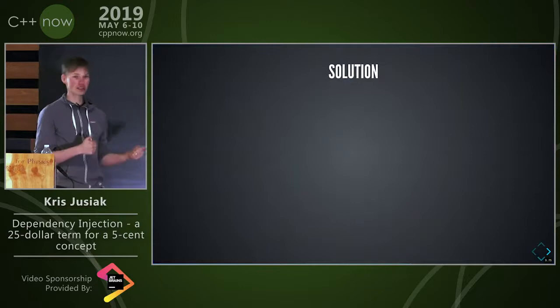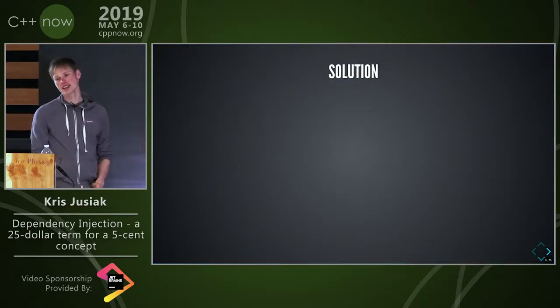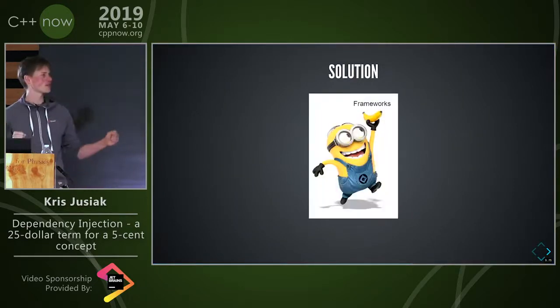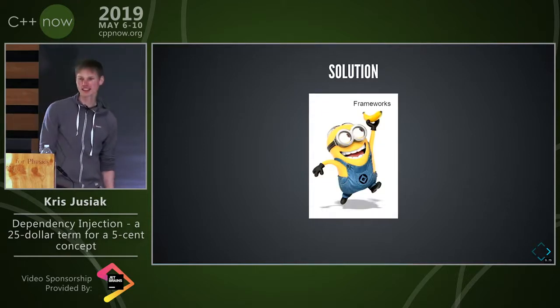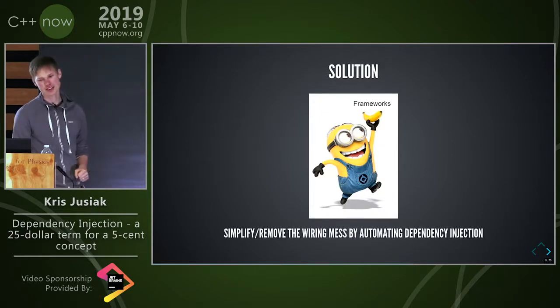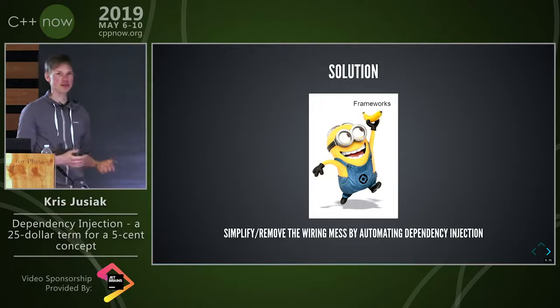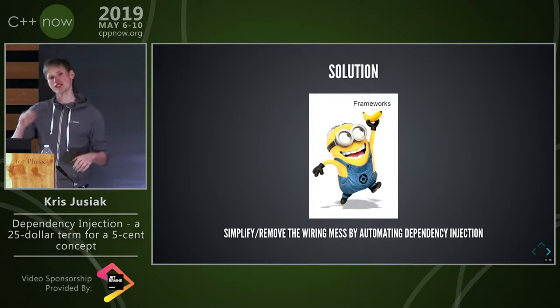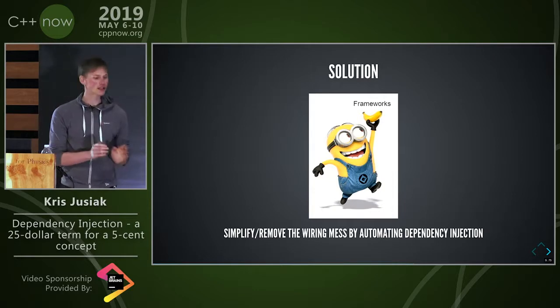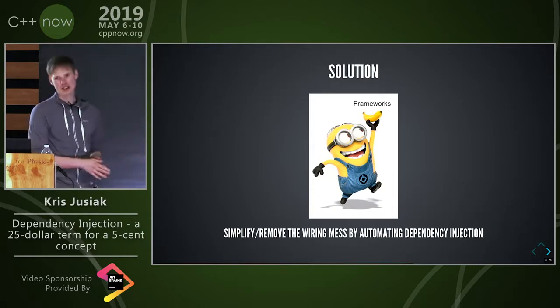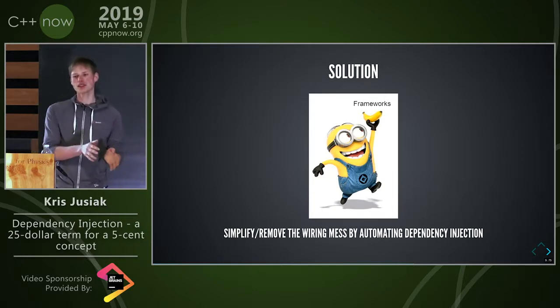But there is a solution, there is hope. There are always frameworks which may help. The main idea for the frameworks, as I pointed out before, is that frameworks are not required for DI. We can deal with DI without frameworks. It's totally fine. We just have to deal with this wiring mess.